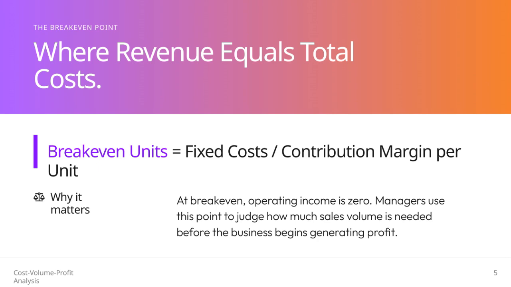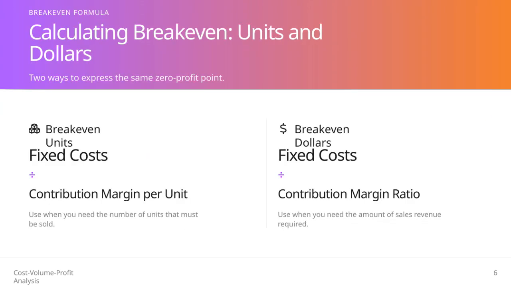Now let's look at the break-even formula, which is essential for understanding when a business neither makes a profit nor incurs a loss. There are two ways to express this zero profit point: break-even units and break-even dollars. First, break-even units tell us how many individual units must be sold to cover all fixed costs. To calculate this, we divide the fixed costs by the contribution margin per unit, which is the amount each unit contributes toward covering those fixed costs after variable costs are deducted.